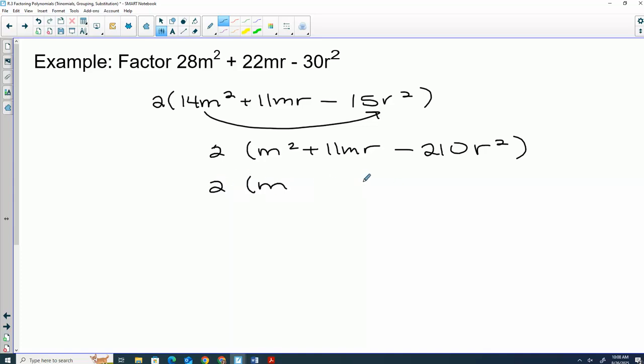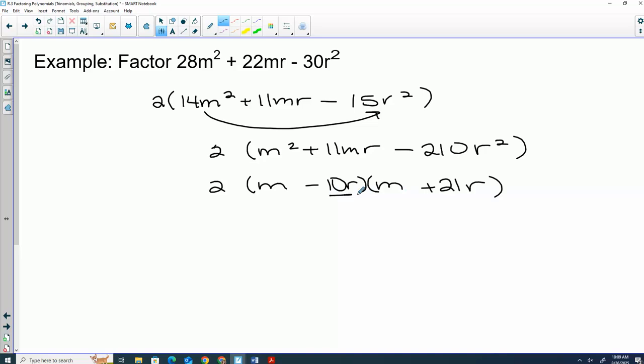M squared would break into M. What multiplies to a negative 210 and adds to a positive 11? And since it was r squared, what else did those need? Okay.